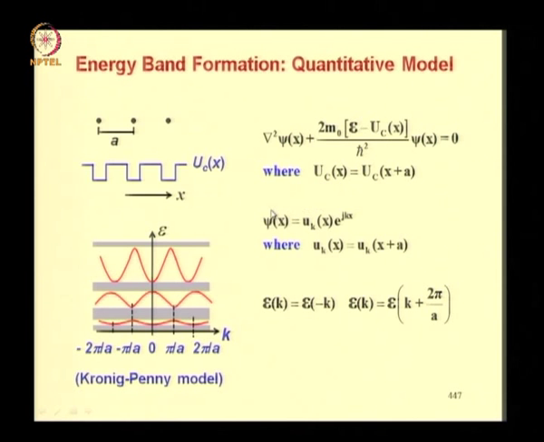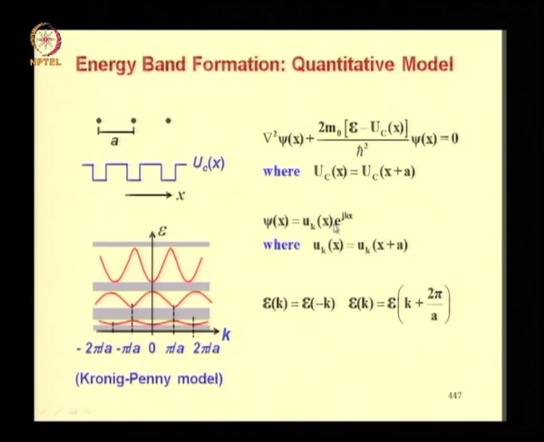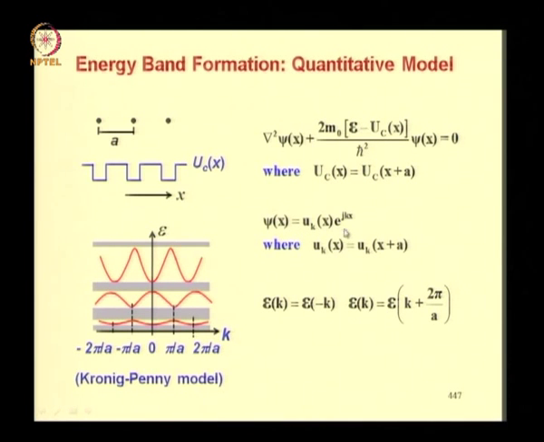According to Bloch's theorem, for this kind of a Schrodinger's equation, the solution psi(x) is of the form u_k(x) times e^(jkx). So the e^(jkx) type of solution for constant potential gets modulated by a Bloch function u_k(x), where this function has the same periodicity as the crystal potential.